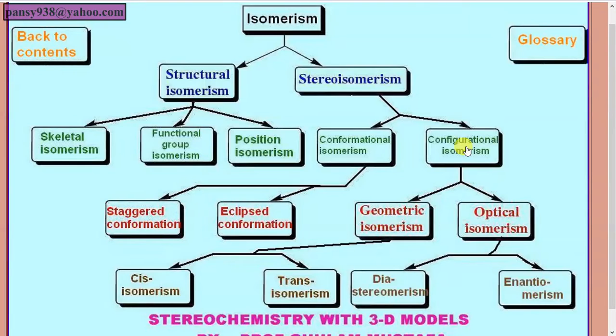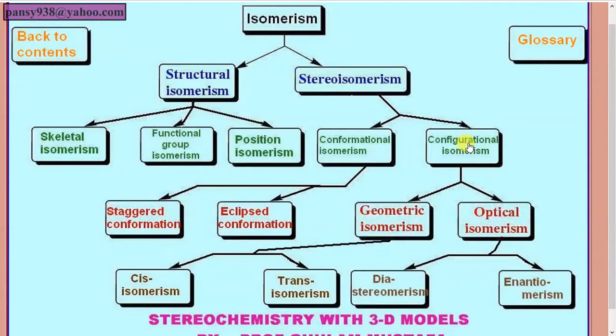So in this case permanent isomers are formed instead of interconverting forms due to the rotation of a single bond.